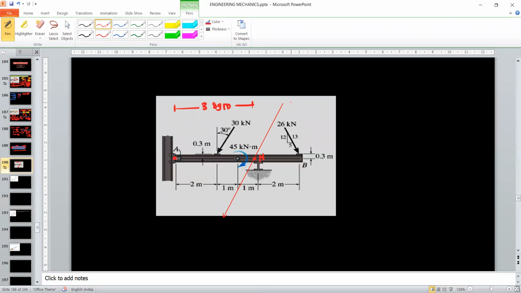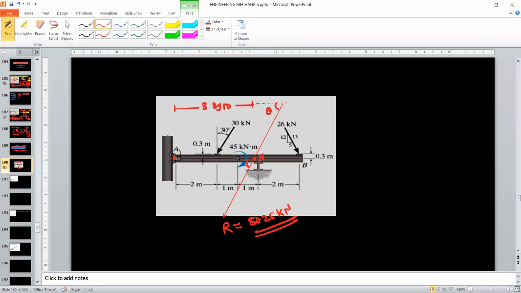Okay. And the angle of the resultant, this is theta, which is equal to 84 degree. Okay. So this is your final answer. On the rod AB, we will show the resultant like this. So here R is equal to, I think, 50.25 kilonewton.